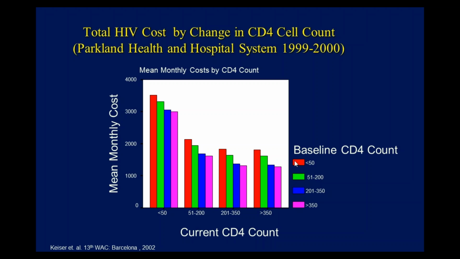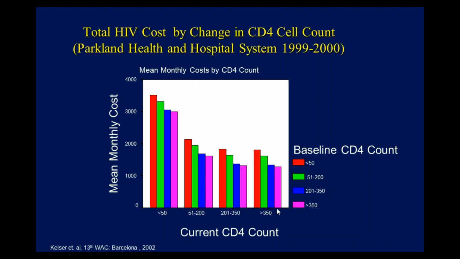So if you came in with a CD4 count under 50 and you didn't take your meds and your CD4 count stayed under 50 in 2002, it cost Parkland Hospital about $3,500 a month. And then for every increase in these CD4 categories, you can see that your costs went down. As you get people with higher CD4 counts, the costs go down even less.